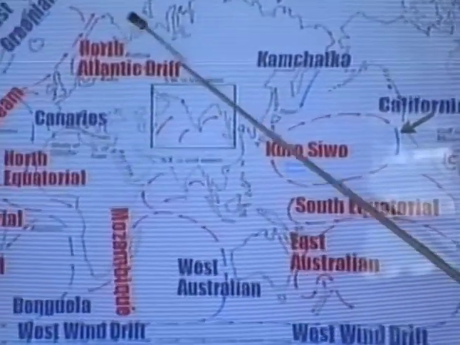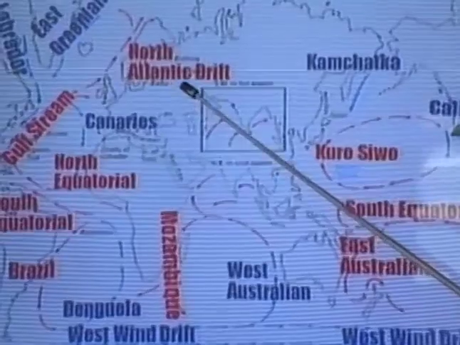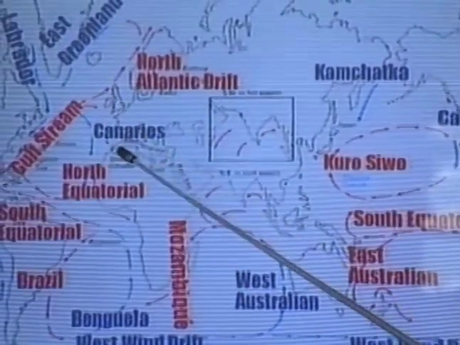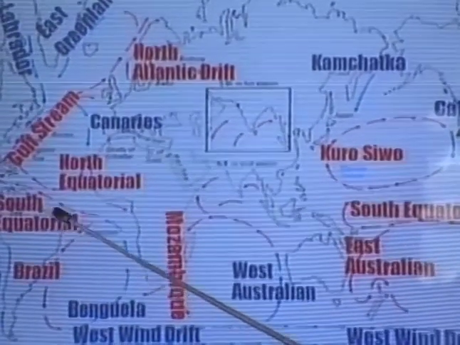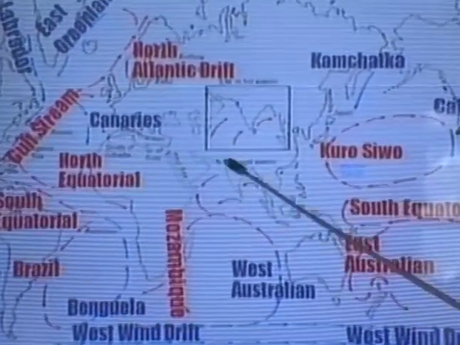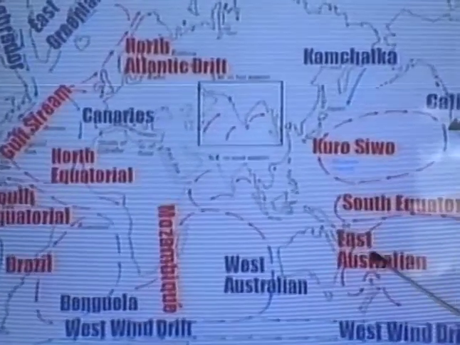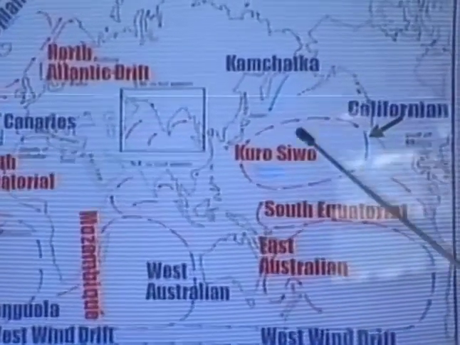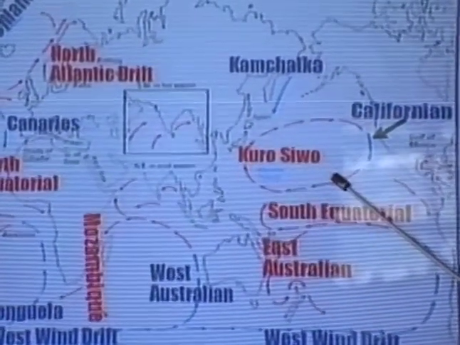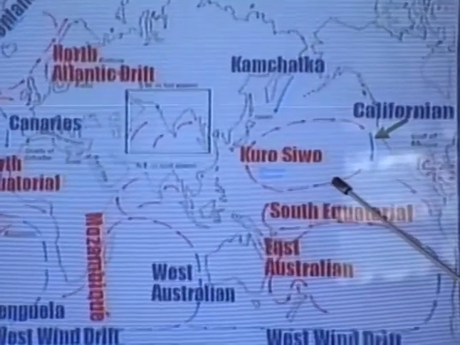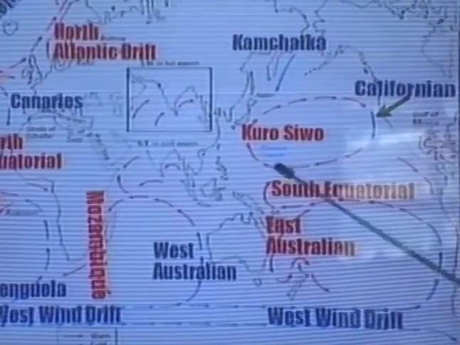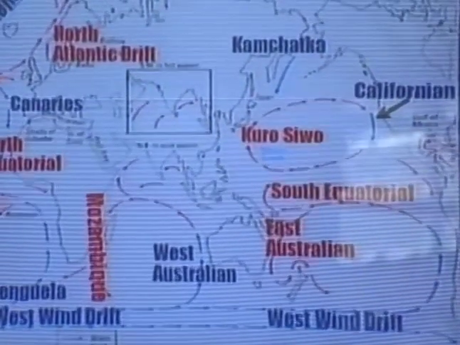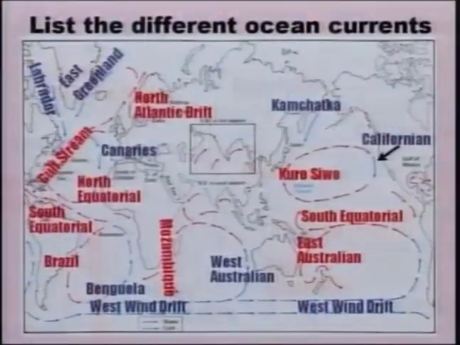Okay, the warm currents: the North Atlantic Drift, that's 1. Gulf Stream, 2. North Equatorial, 3. South Equatorial, 4. Brazil, 5. Mozambique, 6. East Australian, 7. And Kuroshio, 8. But again, these are not the only warm currents. See if you can find some more warm currents and include them in your list.